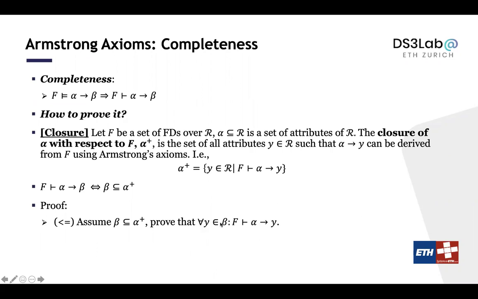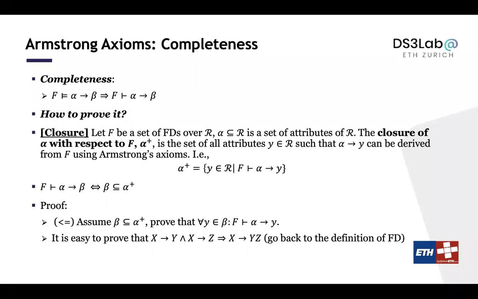So for any Y in beta, you can derive alpha to Y. It's not that hard to prove. First, you want to prove the following statement: if you have functional dependency from X to Y, and you have functional dependency from X to Z, that implies you have functional dependency from X to YZ. You can prove that by just going back to the definition of functional dependency.